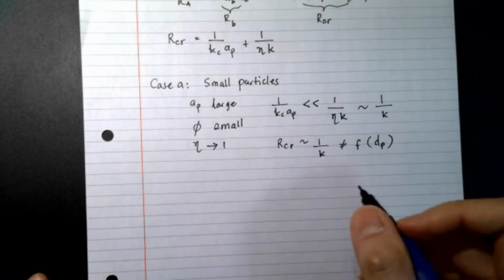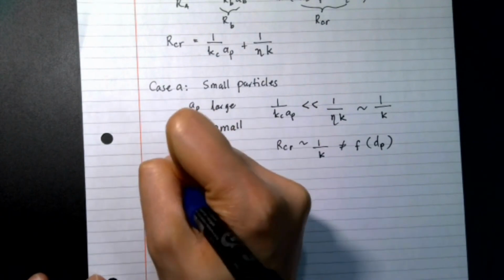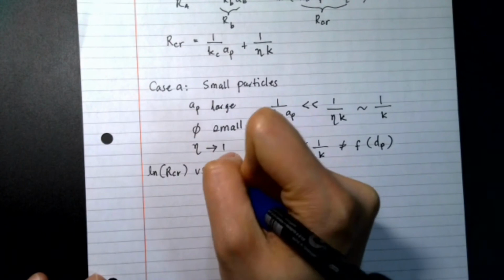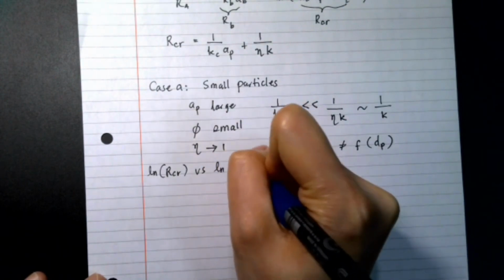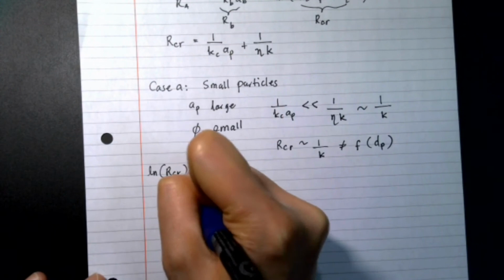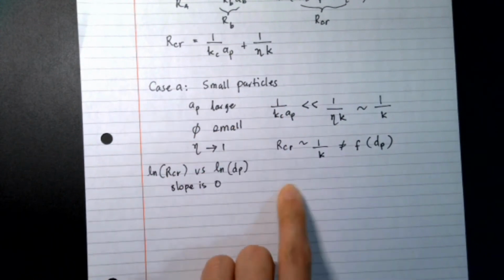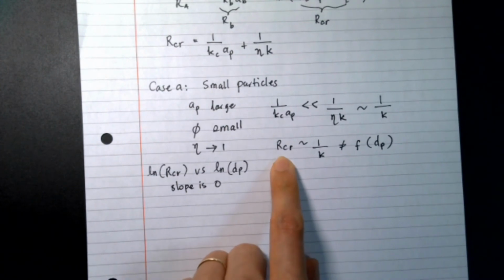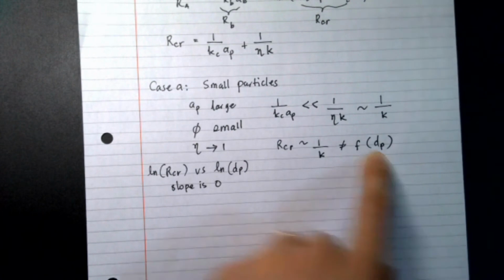Therefore, if we plot the log of RCR versus the log of the particle diameter, the slope is 0, because the combined resistance, RCR, is not a function of the particle diameter.